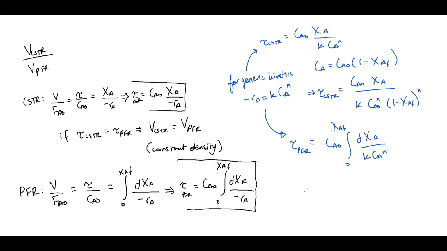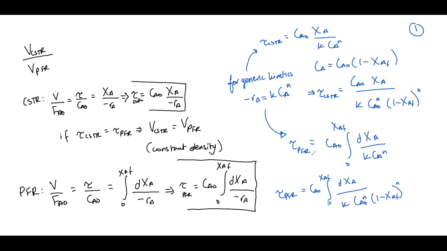So this will be equal to CA0 integral from 0 to XAF dXA over k CA0 to the n into 1 minus XA to the n. Okay, so I have the tau PFR and I have tau CSTR.